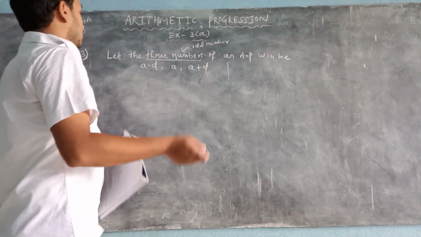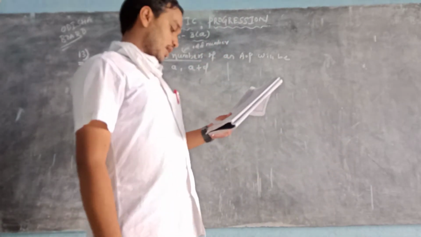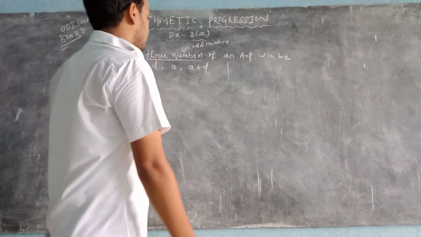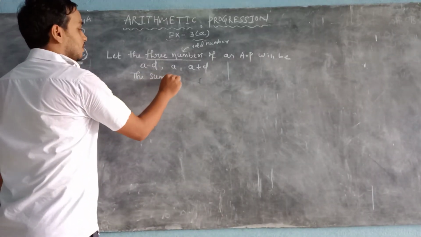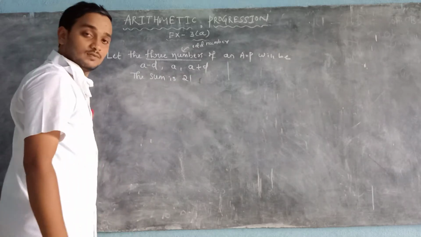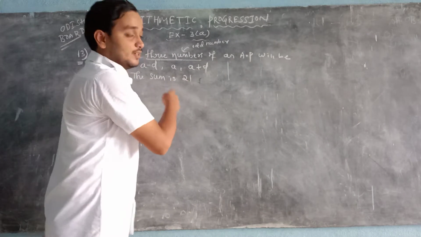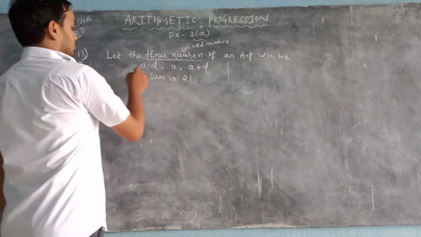Let the three numbers of the AP be A minus D, A, A plus D. And the question is, the sum is 21. Whose sum? This three numbers' sum is 21.